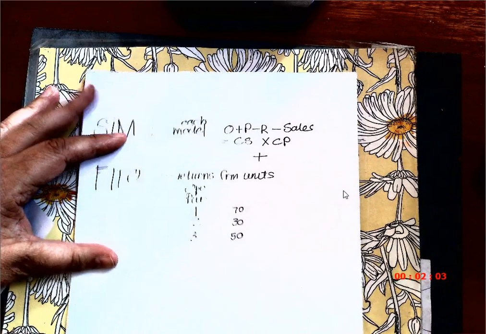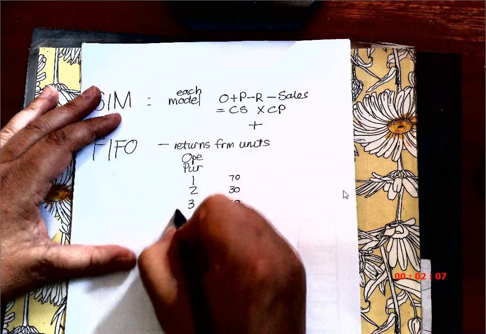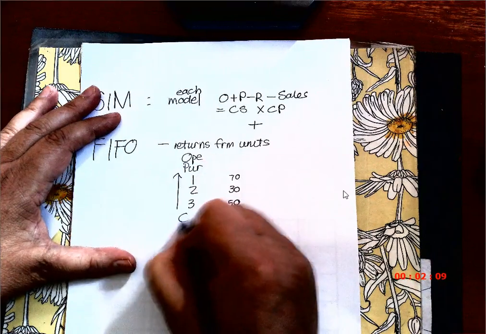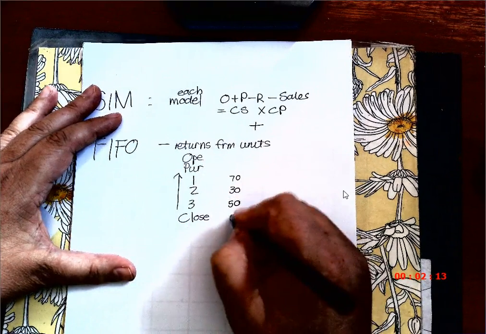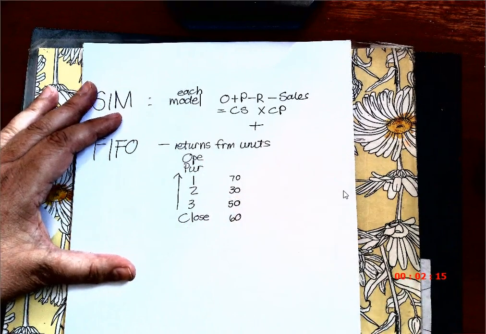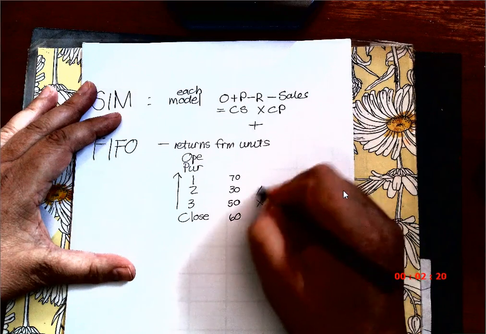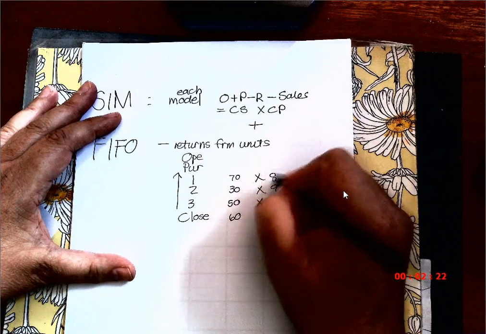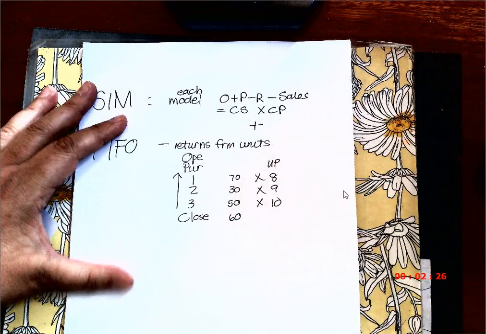And now I say to you, from the third batch, I'm going to work upwards. So I want to know what is my closing stock. Let's say my closing stock is 60. Now, say times 10, times 9, times 8, unit price. Okay?